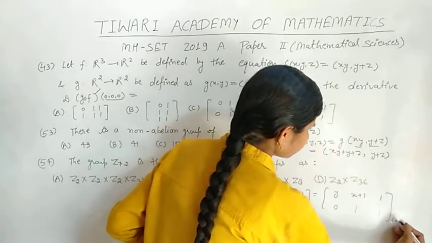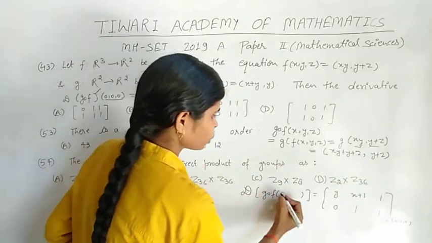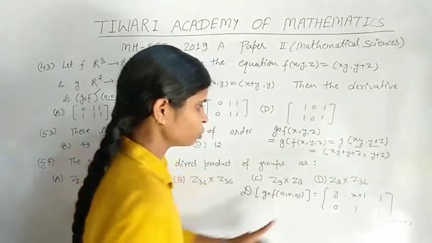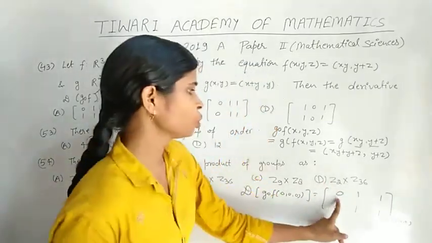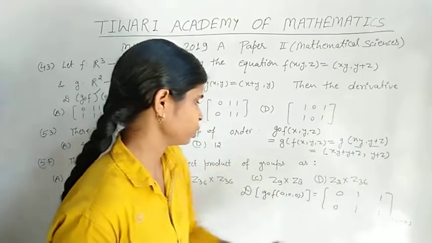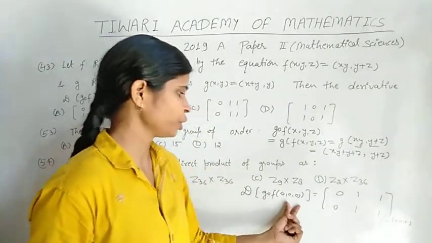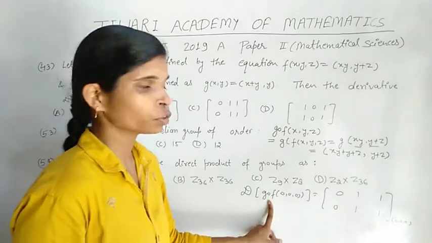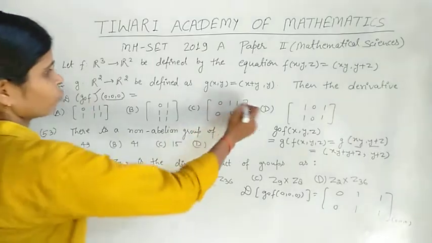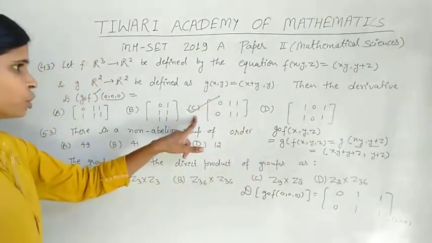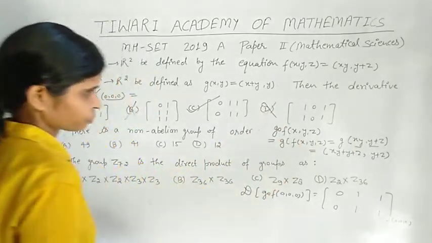At the point (0,0,0), if we put x equals 0, y equals 0 and z equals 0, we take the values 0 1 1, 0 1 1. This is the answer of D, the derivative of the composite function g circle f at the point 0, which is 0 1 1, 0 1 1. Option C is a true option, A, B and D options are wrong.